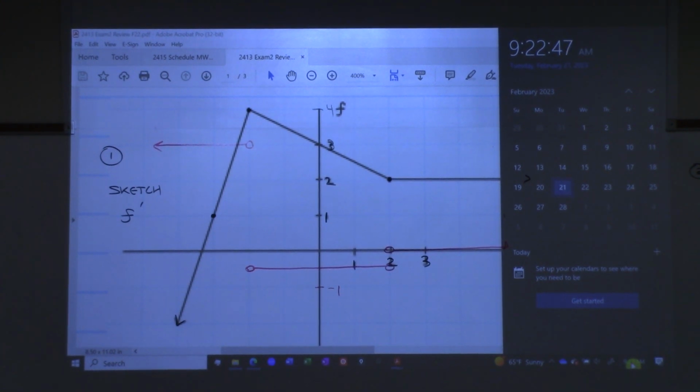So you just go to the formula y minus y1 equals m times x minus x1, the formula we've been using since we started the class, right? And this is going to be y minus, let's see, y1 would be what? 0 equals the slope we just found, 1, and then x minus the x coordinate there, 1. So that's fine as an answer, but this is really just y equals x minus 1. That's it.